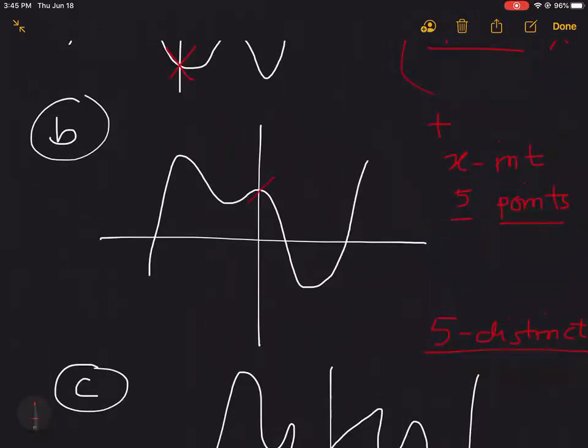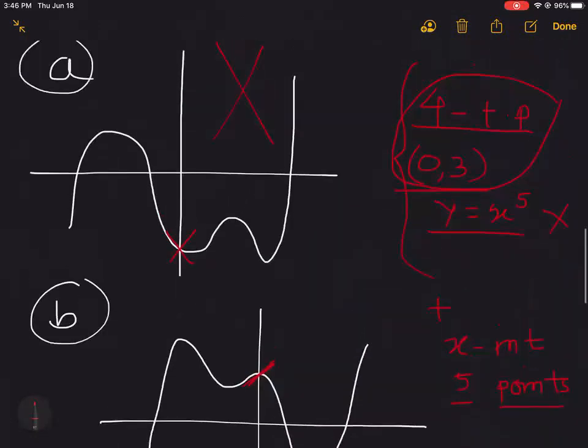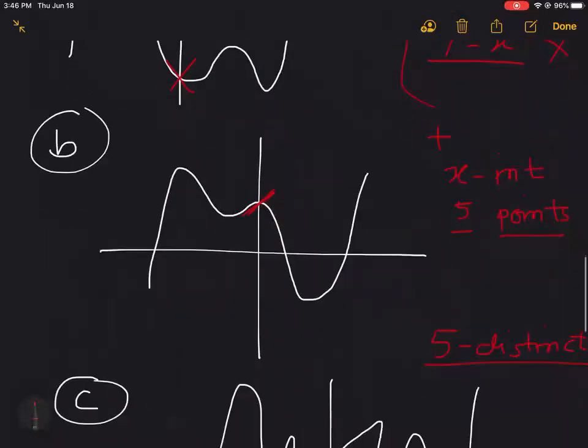Yeah, it does look like it has intersected the y-axis at somewhere 0, 3, right? Let's see the next property. We have 4 turning points. Let's see how many turning points there are. 1 is here, 1 is here, third one is here, fourth one is here. Yeah, this could be our answer, though I'm not saying that it is the answer yet.